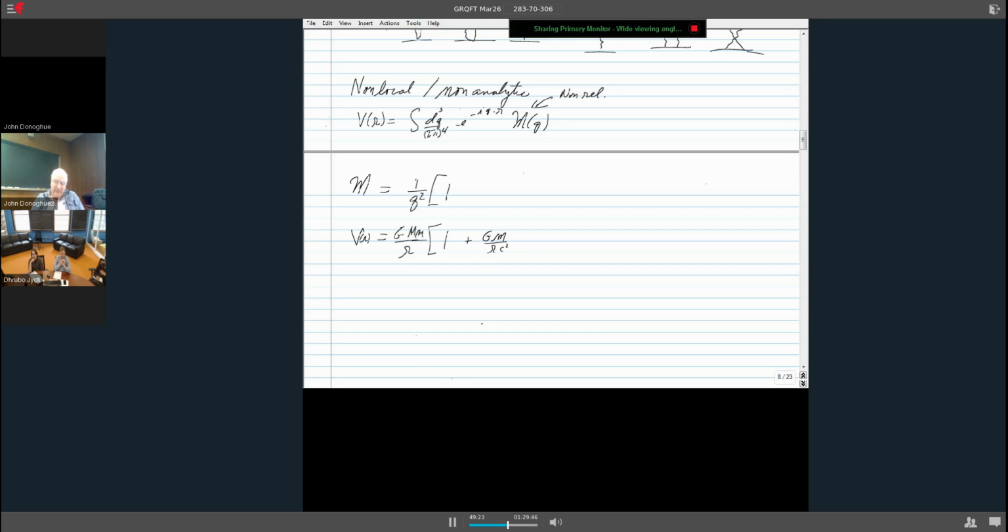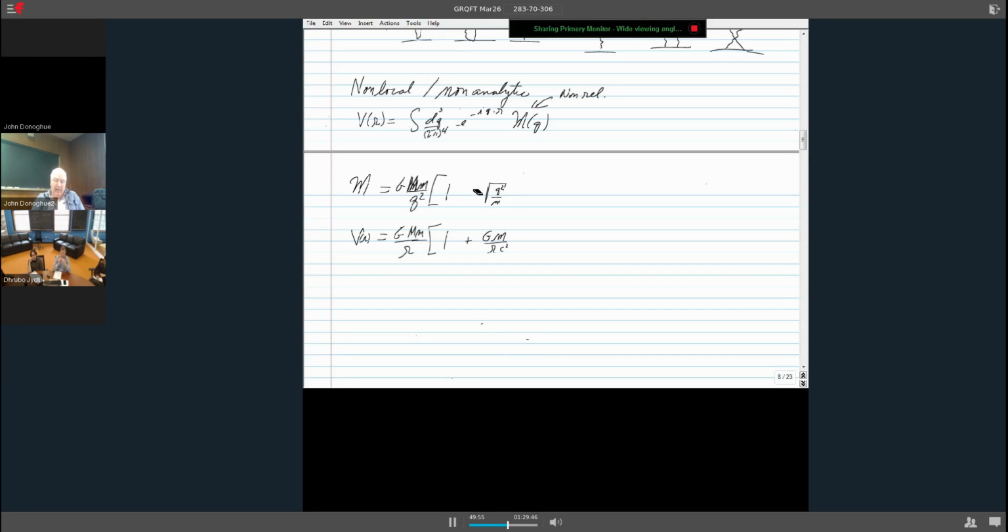Let's do this in parallel. V has the 1 over R, G M over R. And there's also then 1 plus correction. Okay, well, in coordinate space, I actually know a couple of corrections.